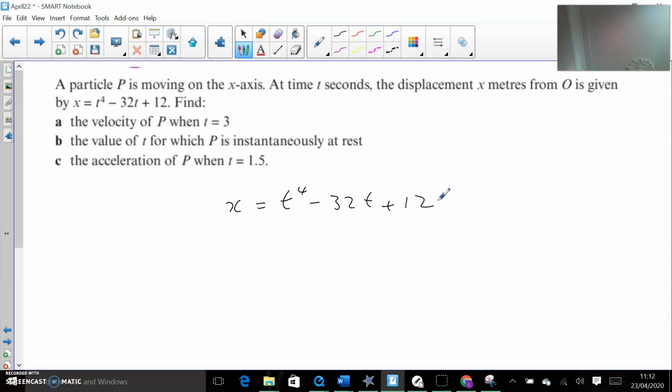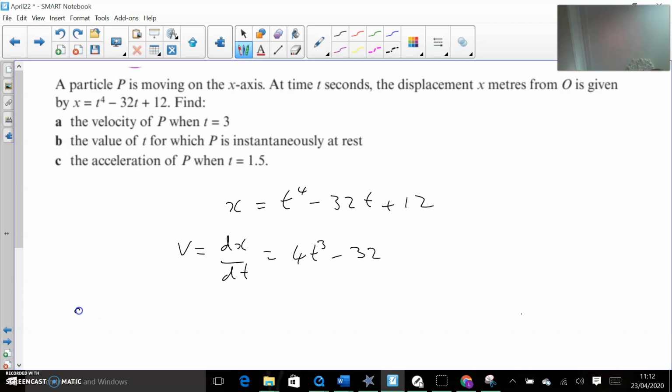Velocity is the rate of change of displacement, so v is dx by dt in this case, as we're using x. We differentiate this expression. t to the power of 4 with respect to t is 4t cubed, minus 32t is minus 32, and when we differentiate 12, a constant, we get 0. So v is 4t cubed minus 32.